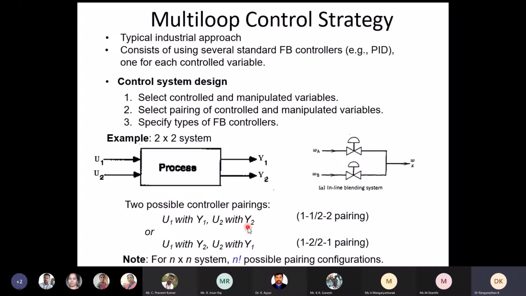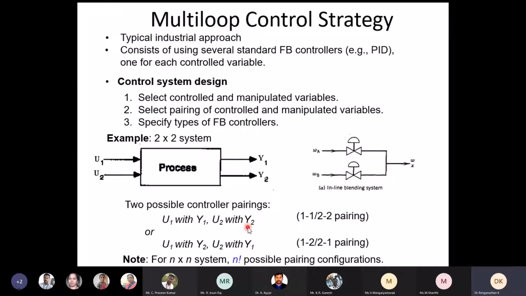When you go for the multi-loop control strategy, obviously we have to identify the variables. The variables include the input variables, output variables, controlled variables, and manipulated variables. All these variables we have to identify. Then we have to identify the type of controllers which we are going to use.